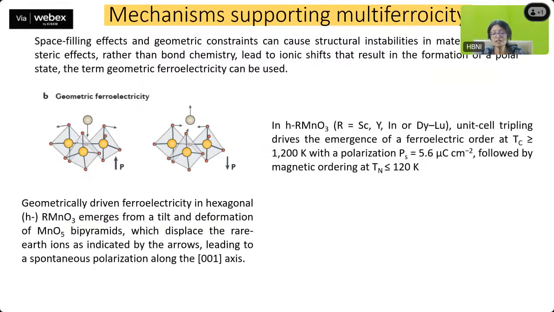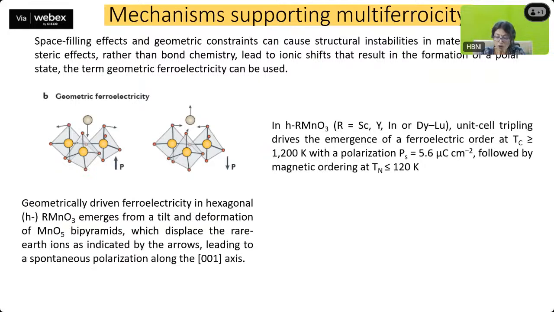One of the prime examples is hexagonal RMnO3. In this case, the R can be scandium, yttrium, indium, or dysprosium, as well as lutetium. A unit cell trimerizing lattice distortion is the driving force of the ferroelectric phase transition. As the primary order parameter is not the electric polarization, RMnO3 are referred to as improper ferroelectrics.